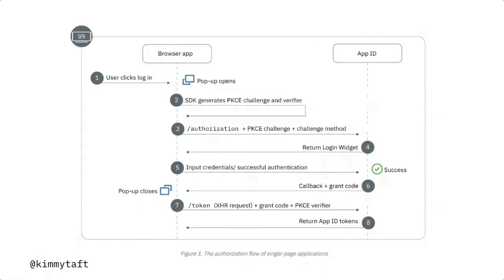After the user enters their credentials successfully, the browser app makes an XHR request to the token endpoint and sends the PKCE verifier. If the verifier and the challenge are valid, App ID is going to return the token to the browser. So the figure shows how to securely authenticate and authorize single-page application users with the authorization code and PKCE flow. The PKCE step, again, is an addition to the authorization code flow.